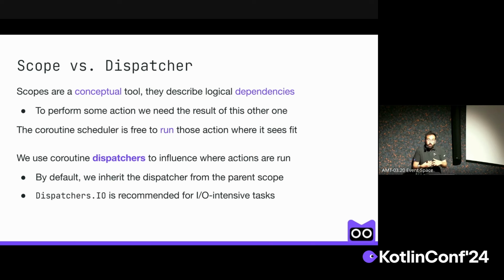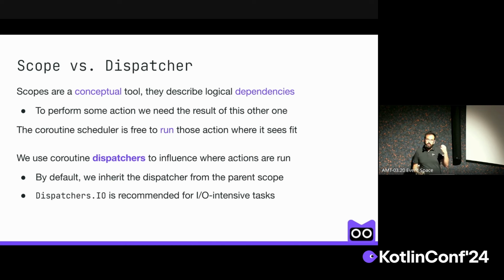But then we have a coroutine scheduler, which is free to run those actions whatever it sees fit, right? The only thing is, please do whatever I've been telling you to do, right? Propagate, cancel in the way that the structured concurrency rules say. But other than that, just scheduler, do whatever you think. You try to optimize for whatever you want.